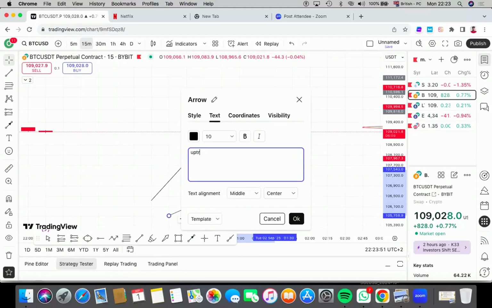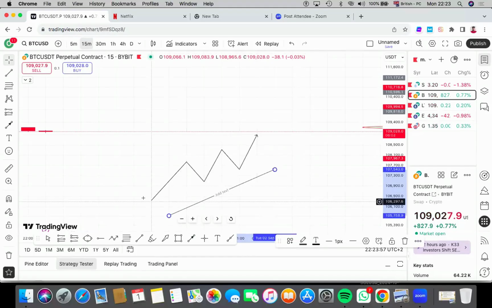For you to have an uptrend, market has to create higher highs and higher lows. It has to create a low, sorry.